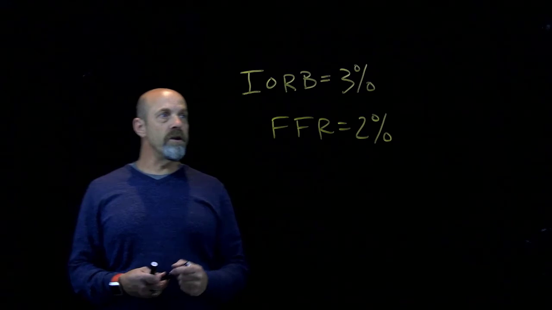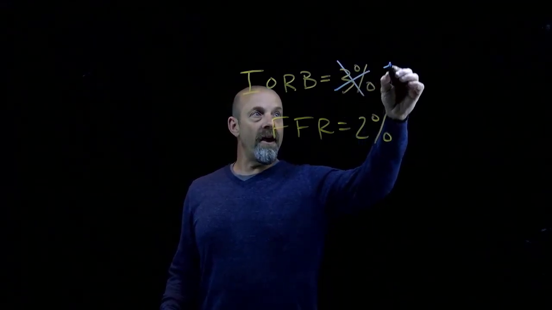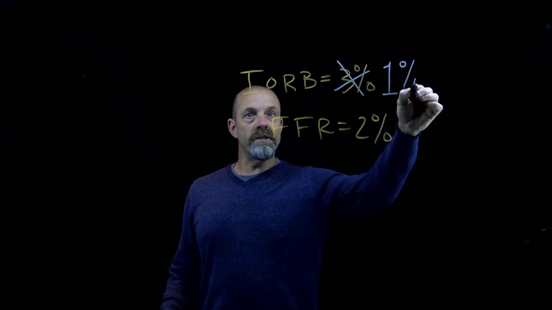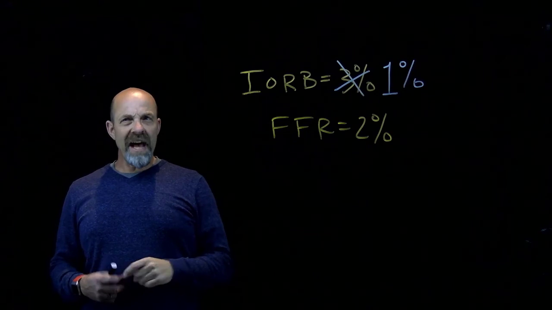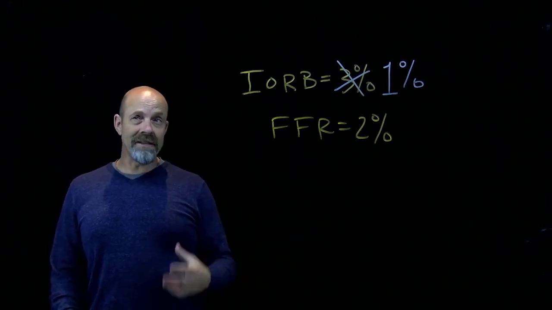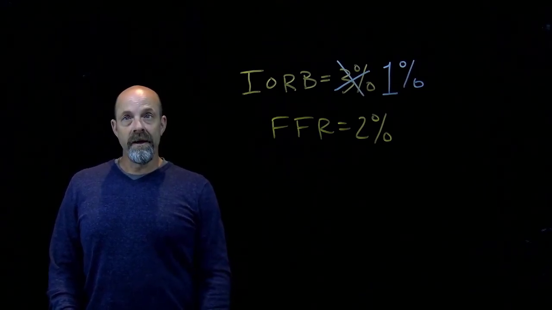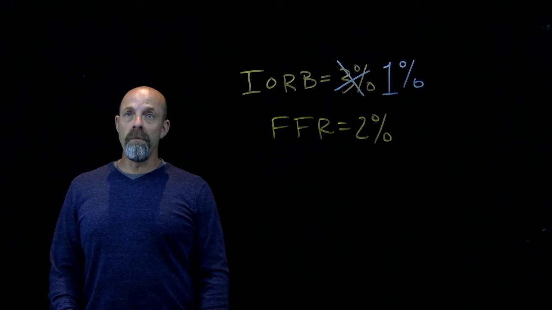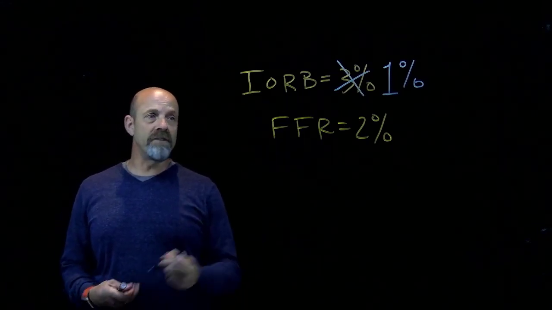So instead of 3%, let's assume that they reset the IORB to 1%. Now it's lower than the federal funds rate. So that's a disincentive for banks to place their excess reserves at the Fed, removing it from the economy. Now banks can earn more money by loaning money to other banks at the federal funds rate.